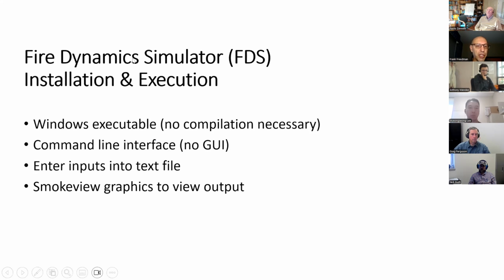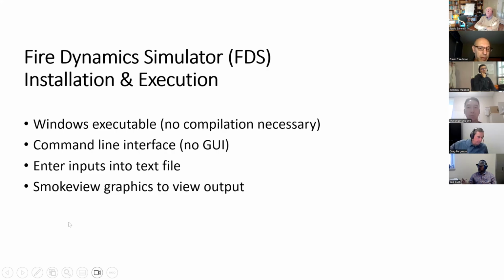So, installation and execution. It's a Windows executable, which is good news, so you don't have to compile a code. It has a command line interface, no GUI. So you have to set up an input file as a text file, and then enter a run command at a command line that you pull up from your Windows DOS command, or I think it might have its own clickable Windows command line setup within the software itself.